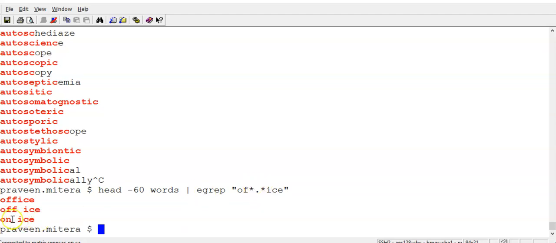And then the space is taken care of because this allows any number of any characters to be present. And that's why on ice will also qualify as a match, as you see here. Off ice also qualifies because OF matches this, and then multiple number of any characters, so you have an extra F and you have a space, and then ice. And here we've got OFF, ICE. So all of these are qualifying.